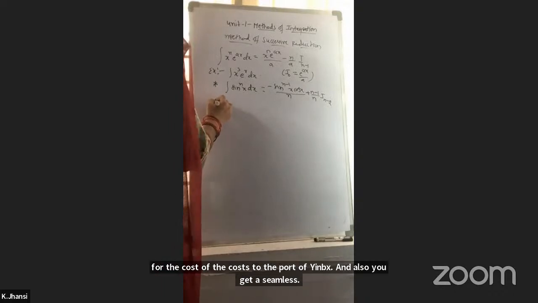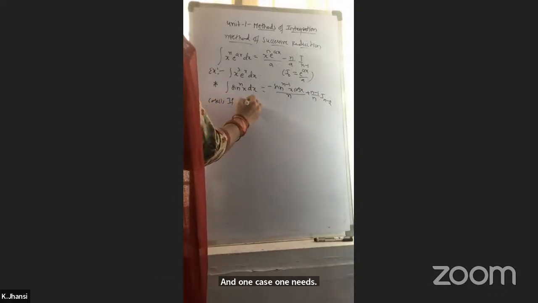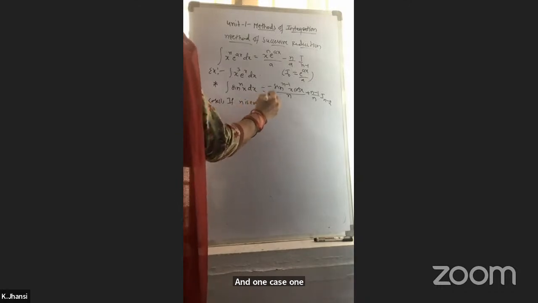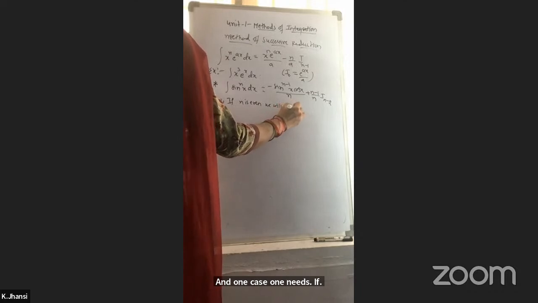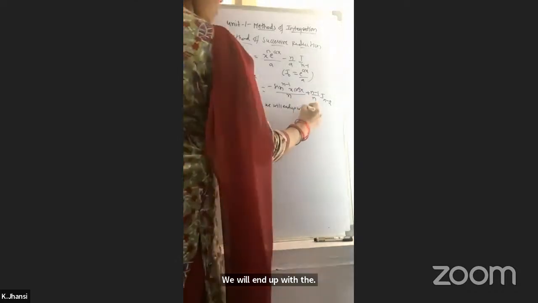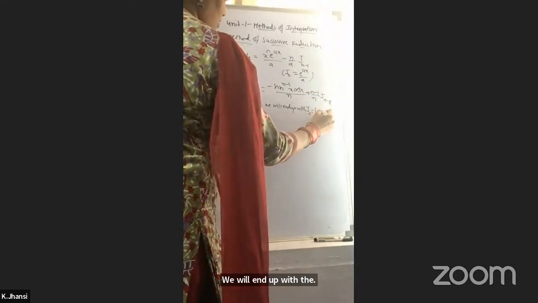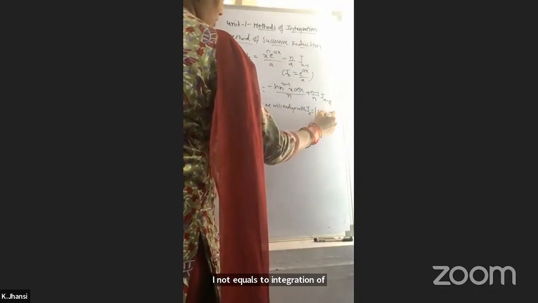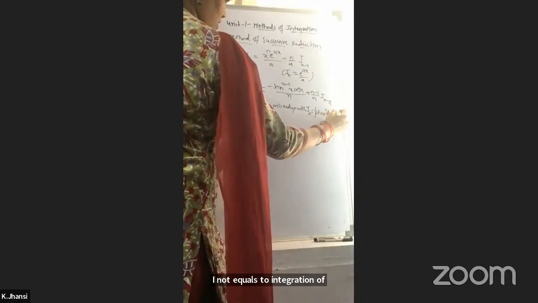And one case is, if n is even, we will end up with I naught equals integration of sin x to the power of 0 into dx. It is equal to x plus c.